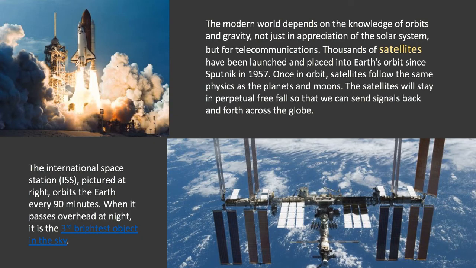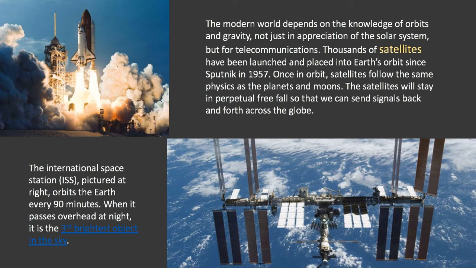All right, so we've talked about the things in the solar system that are in orbits as a result of the formation of the solar system. But we've also taken advantage of this for our own purposes, and primarily we've used this for telecommunications by putting satellites up into space. And so the same laws that apply to all of these other things also apply to the satellites that we put into space.